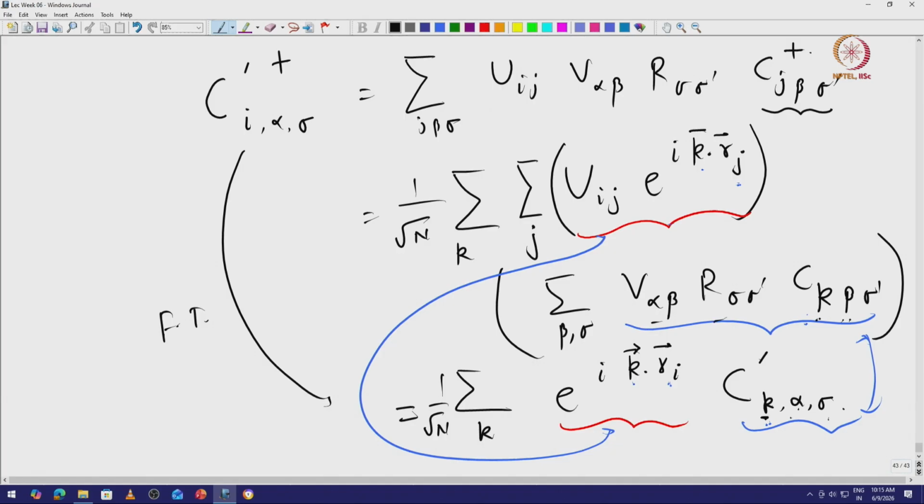But whether they remain in the same k point or not will depend on this. So, they appear to be completely separate, but you will see that they are related to each other, and we can see it through an example.